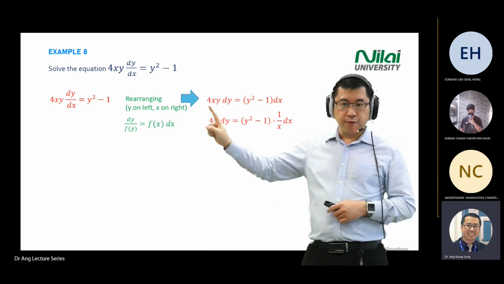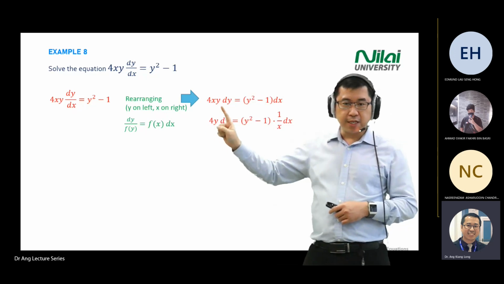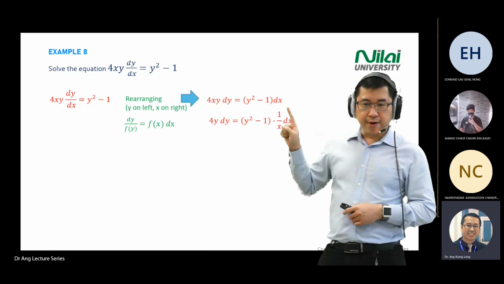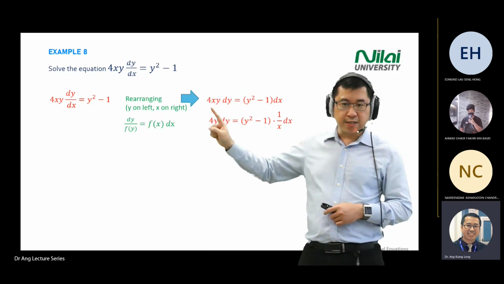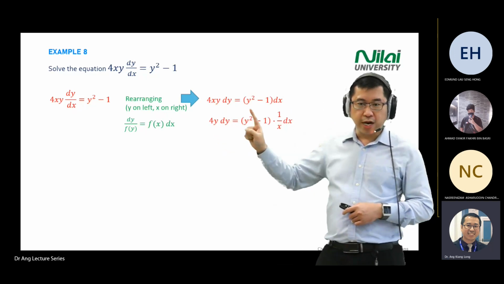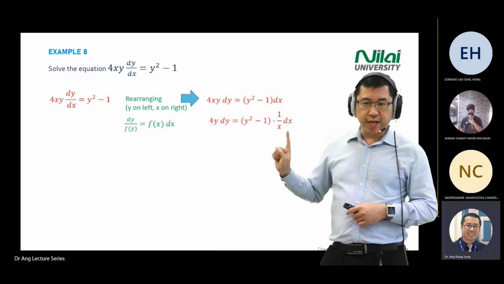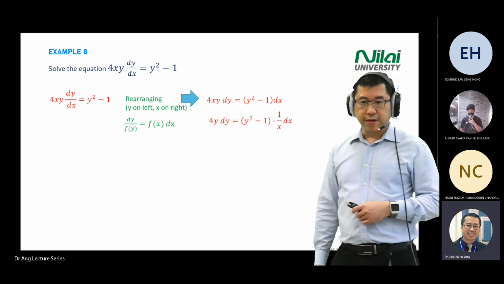So 4xy is a multiplication. I know that my right hand side is x, dx. So I pull my x to the right hand side, so I divide this side by x.